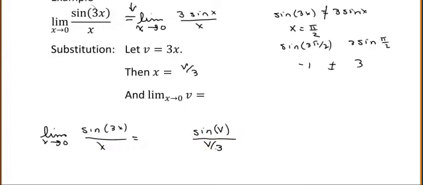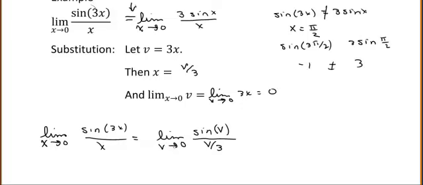If we take the limit as x approaches 0 of v, that would be the limit as x approaches 0 of 3x, which is 0. Now we have to state it in terms of v: this would be as v approaches 0. We have to be careful because sometimes they wouldn't approach the same thing.